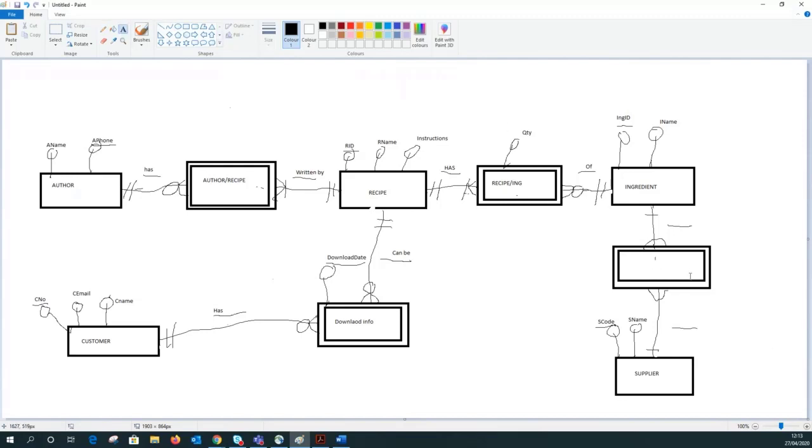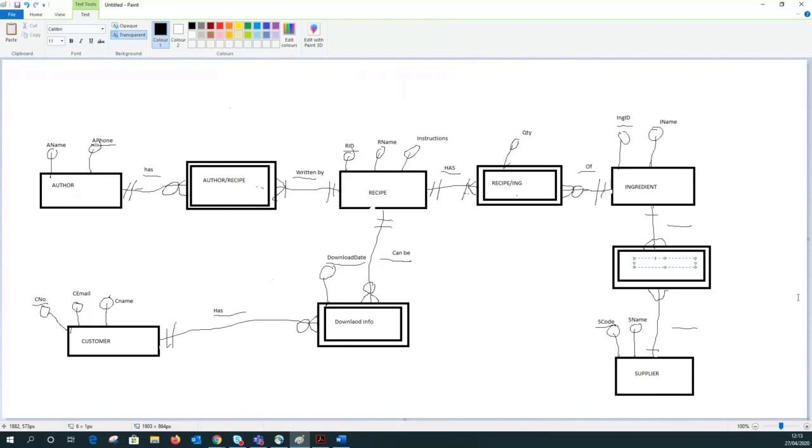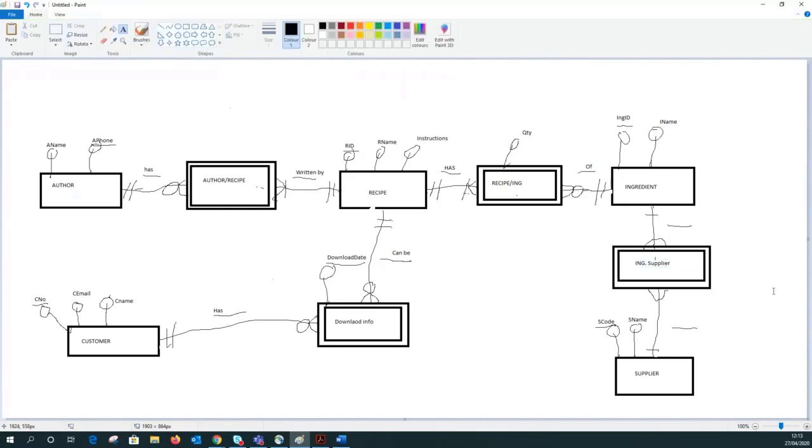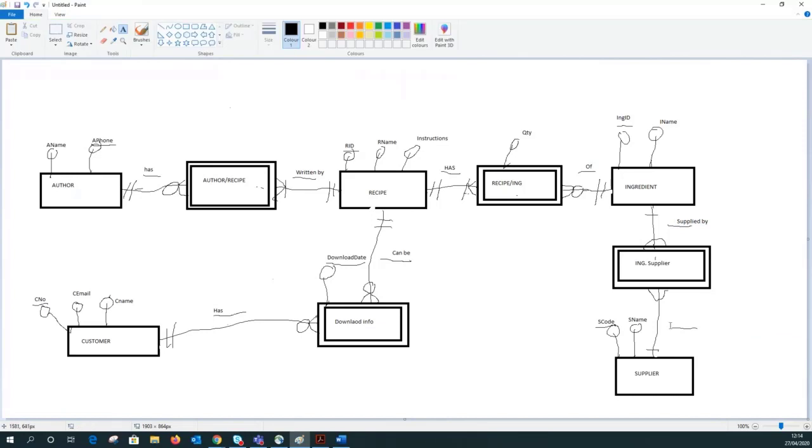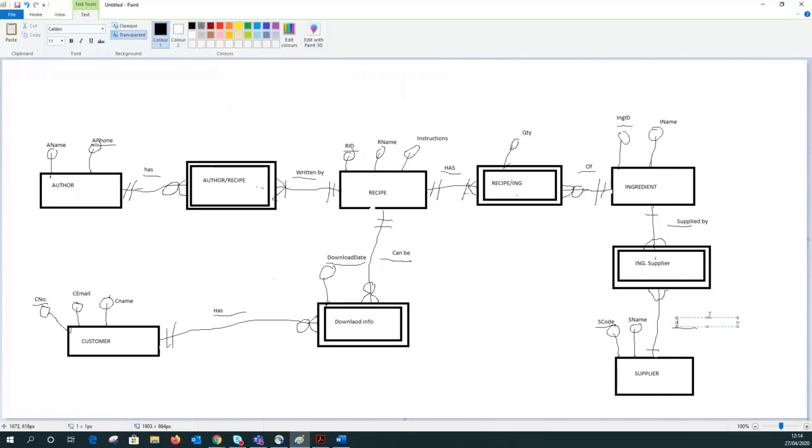So let's give first the name for this particular entity. I will name it ingredient supplier. So that is the name of the entity. So let me put the relationship now, supplied by, a supplier belongs to, right?